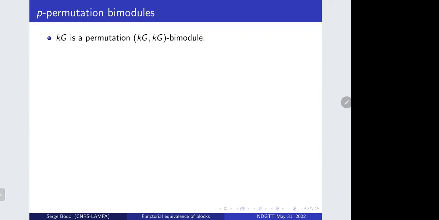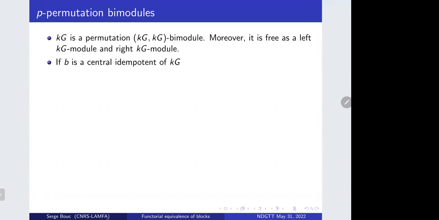Another remark to make here is that if we restrict this bimodule either to the left or to the right, we get a free KG module, in particular, a projective KG module. A slightly more general case is when we have a central idempotent B of KG, and we consider KGB.